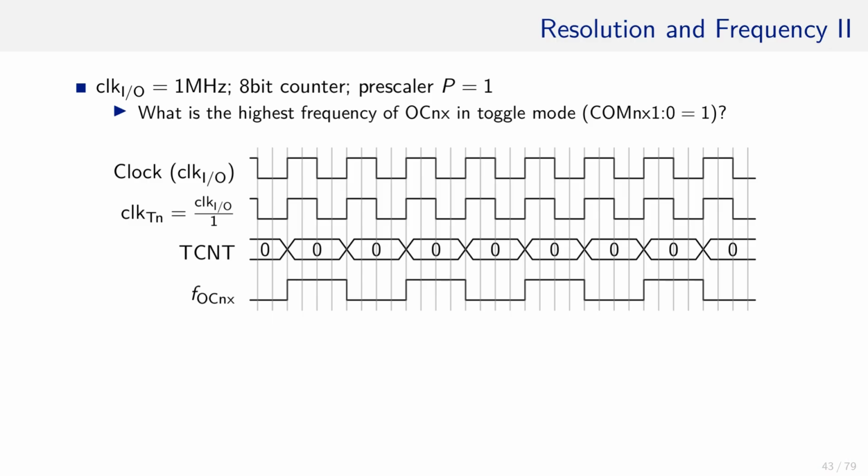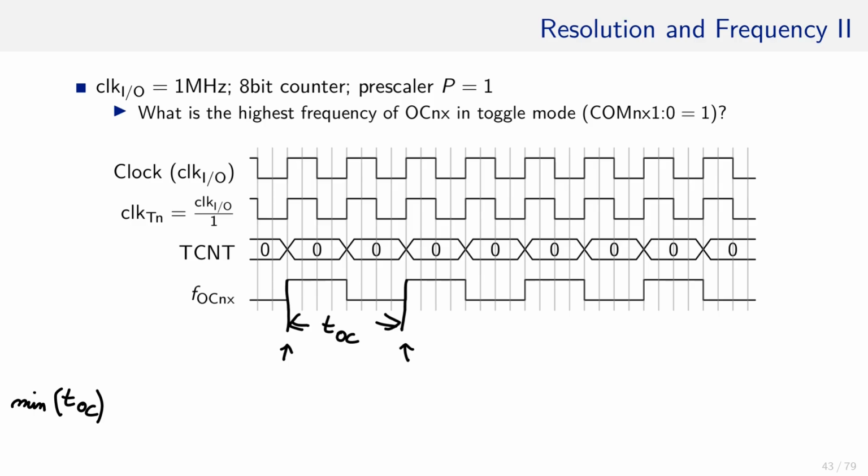To compute the frequency, we have to use the entire period of this signal. Let's call this time TOC. To maximize the frequency, the time TOC needs to be minimized. That is, the time from here to here is shortest.